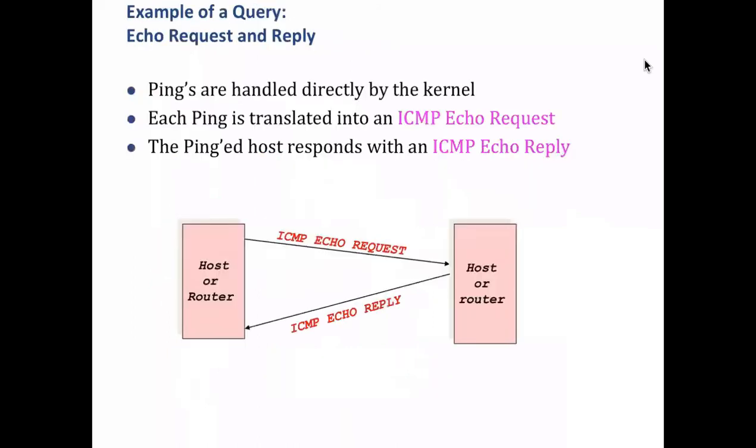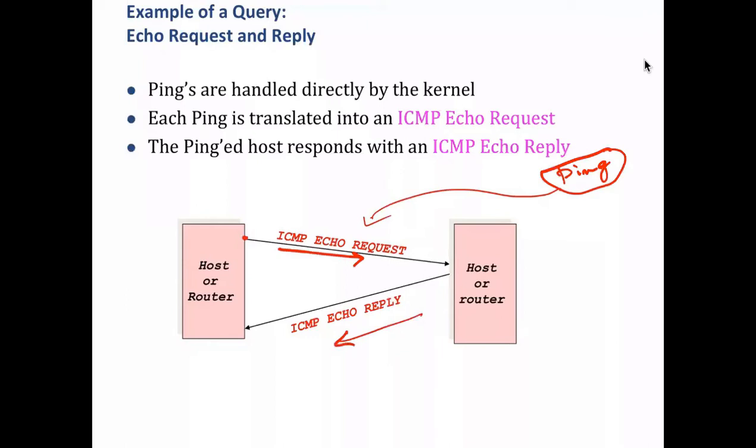Say we send an echo request, like in the OS you do ping. When you ping a machine, it gets converted to an echo message. Your machine sends an ICMP echo request, and the host responds with an echo reply.